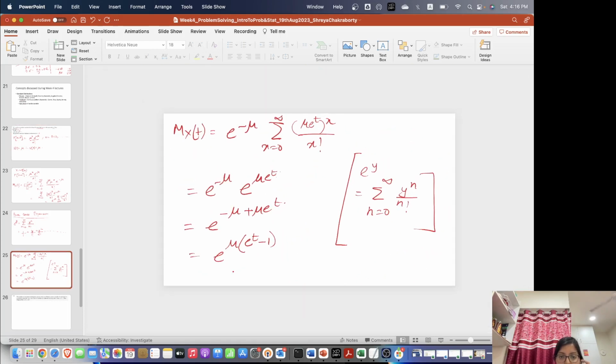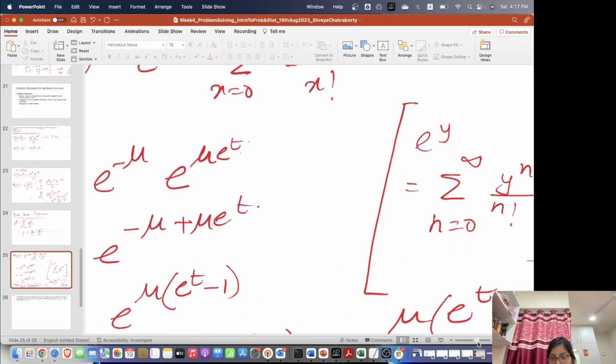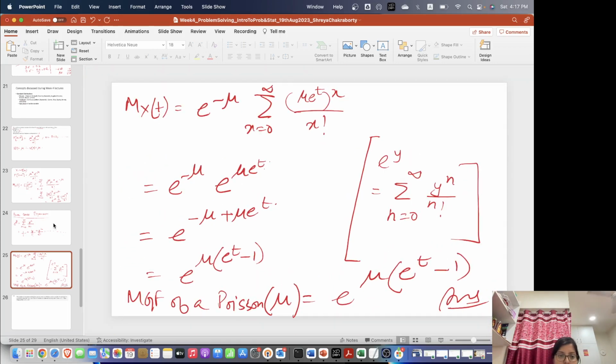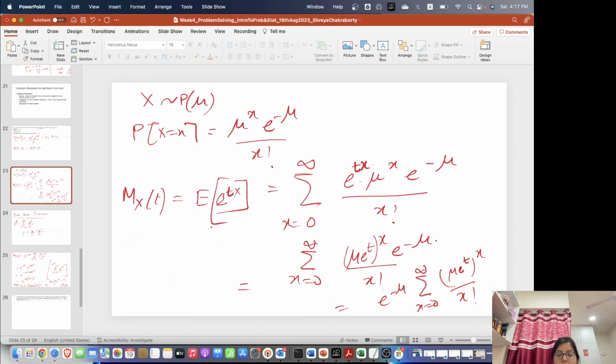So this is the MGF of a Poisson distribution with mean mu.